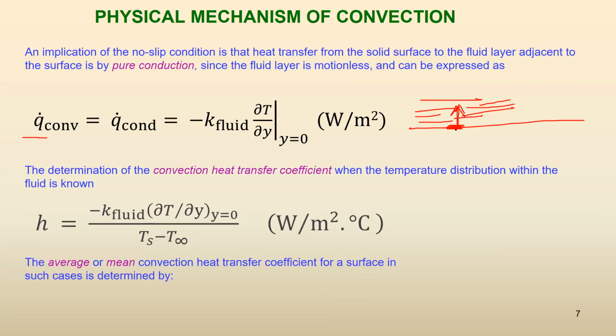The flow of heat through this very first layer is conduction, and the form of heat transfer that is leaving is convection. So these two must be the same. At the surface, we have conduction, and it moves toward the other layers of the fluid in the form of convection.